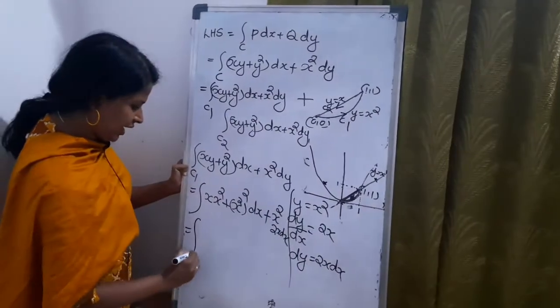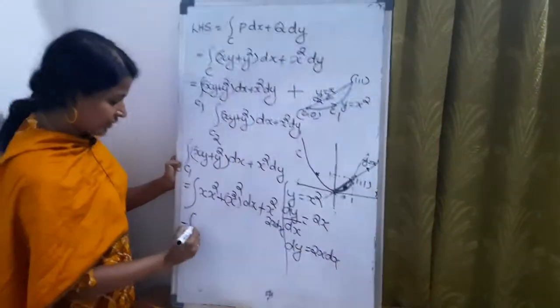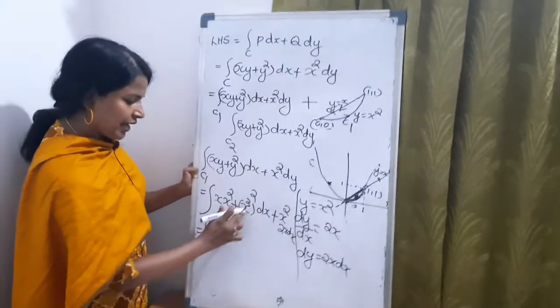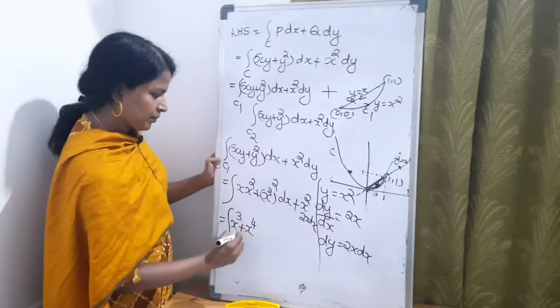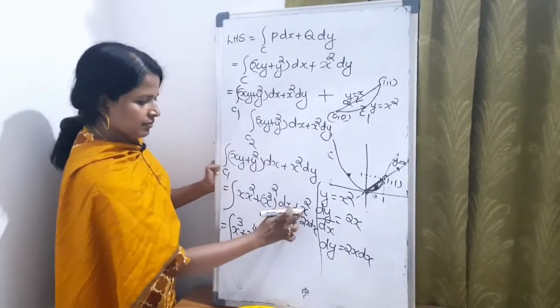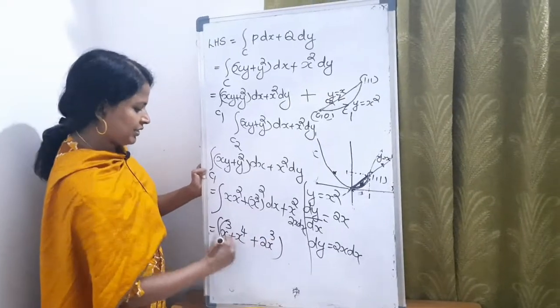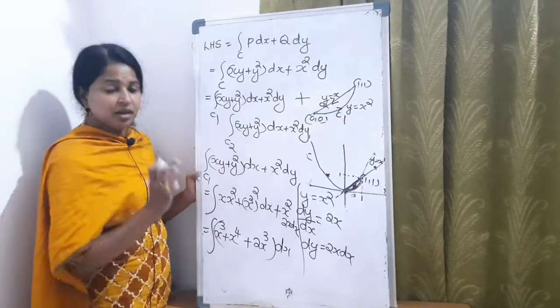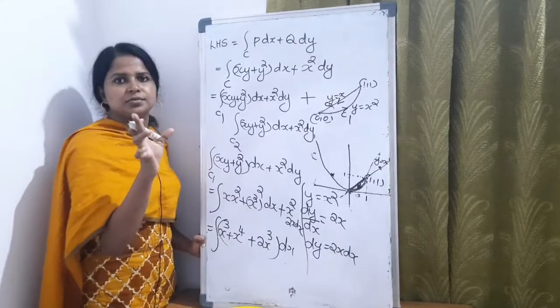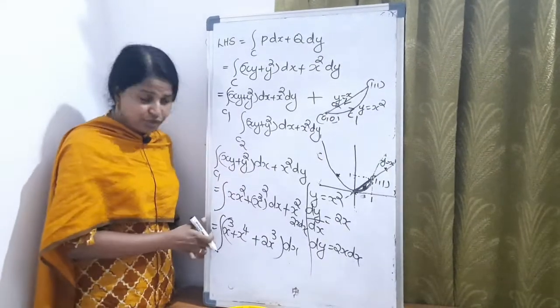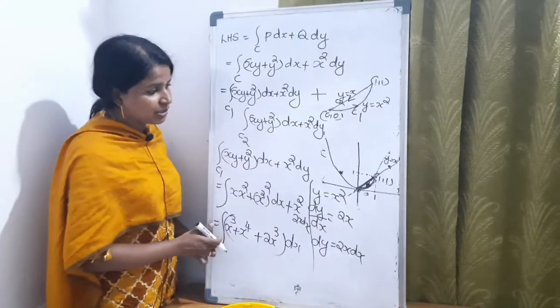That is equal to the integral of x times x², which is x³, plus x⁴, plus here 2x³, dx. Listen, all the terms are x terms, so we substitute the limit of x.